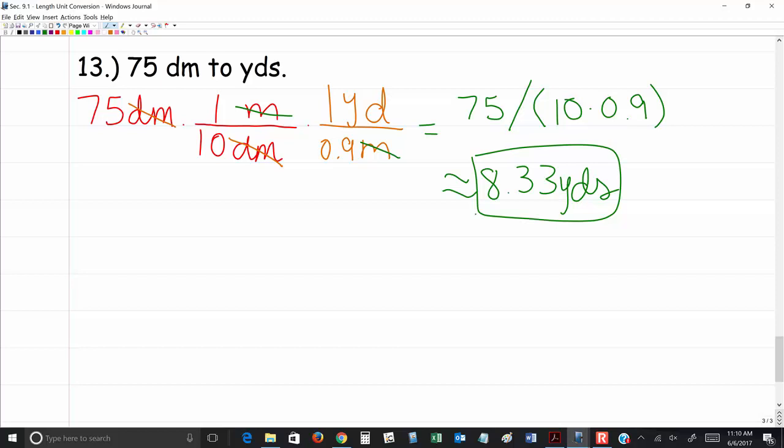And then also on the fifth page, you might want to just do a couple of those as well. Those are the ones where you're converting between metric and English units.